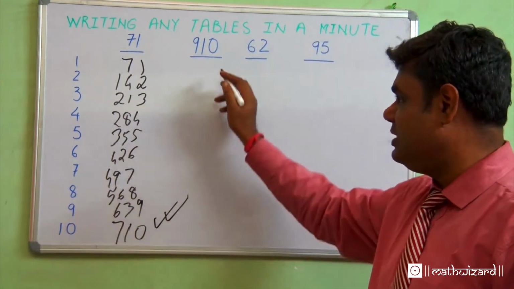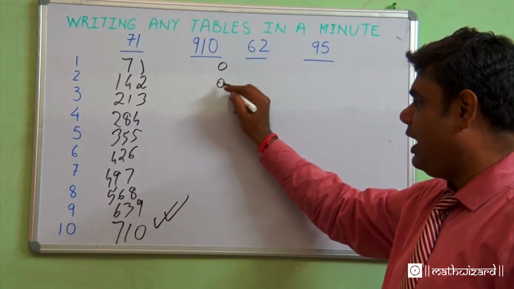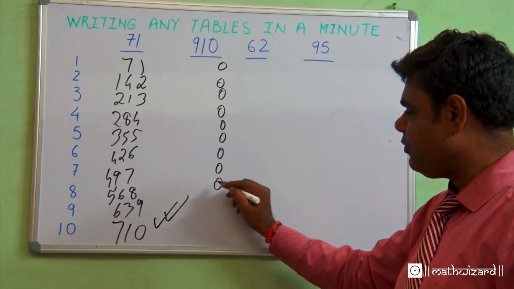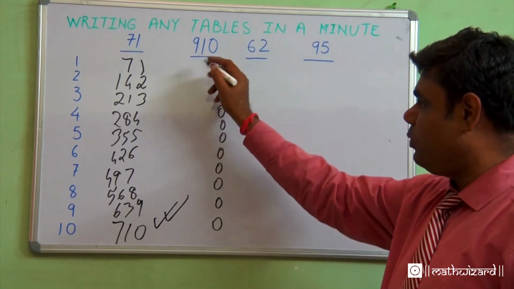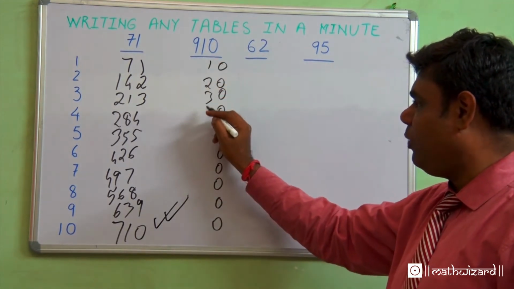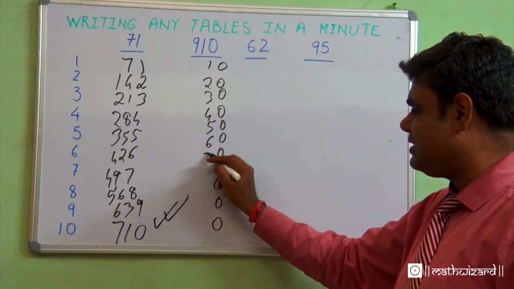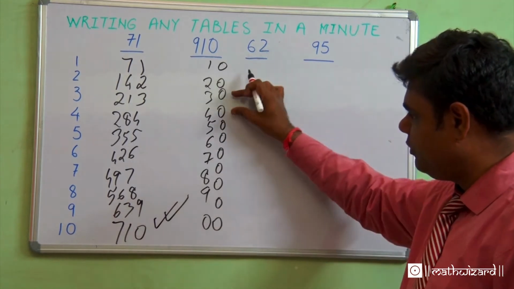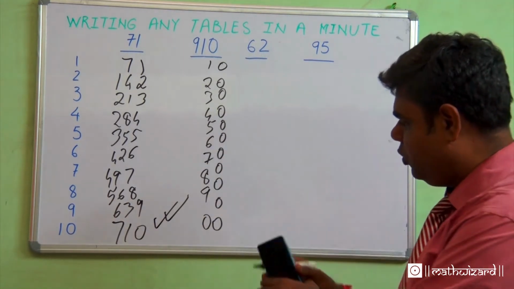If I were to tell you this, the last digit is a 0. I'll put a 0 in the end of all the digits. This is a 1. So I simply put 1, 2, 3, 4, 5, 6, 7, 8, 9 and a 10.